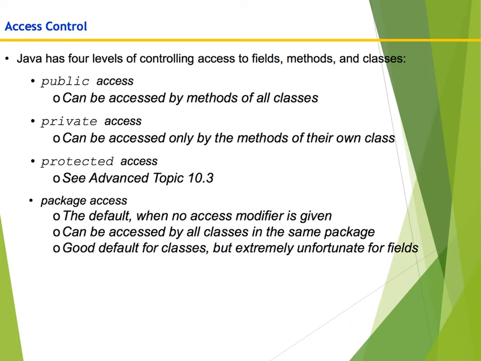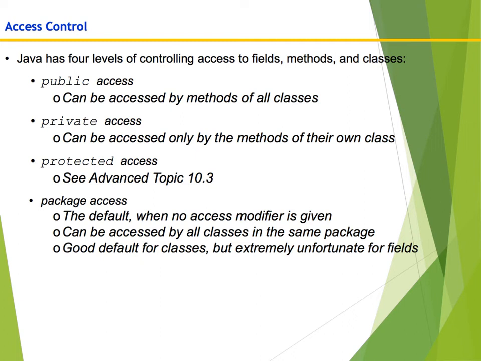Private access means that it can be accessed only by the methods of their own class. And protected means that it can be accessed by the methods of their own class and the subclasses.